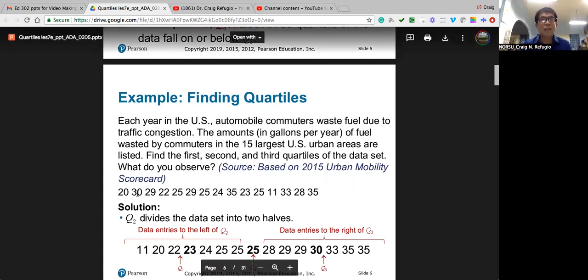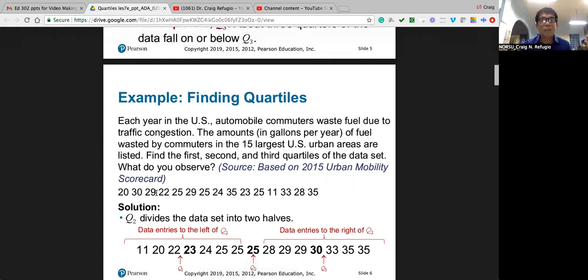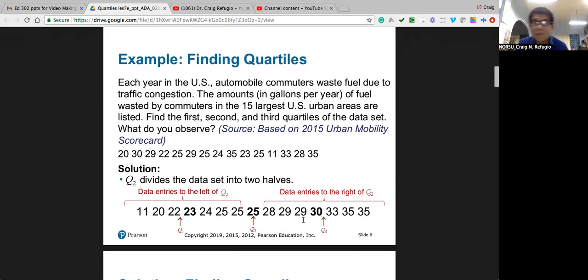So here are the data: 20, 30, 29, 22, 25, 29, 25, 24, 35, 23, 25, 11, 33, 28, and 35. You notice that the given data are not ordered, not arranged from lowest to the highest one or the opposite. So we need to order the data.